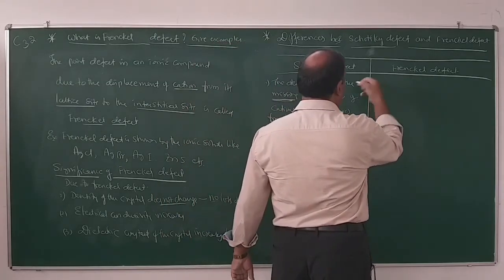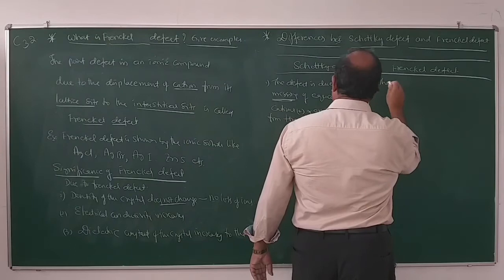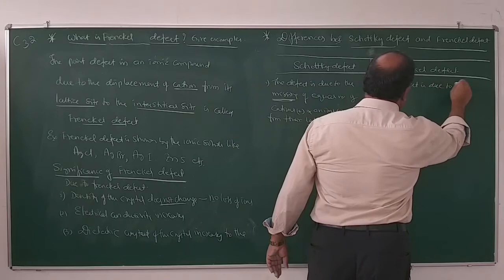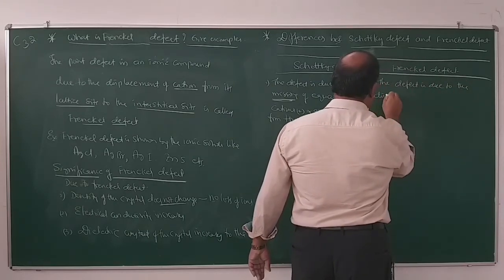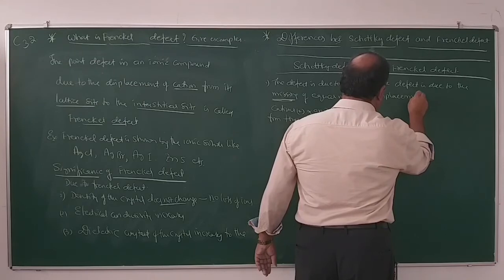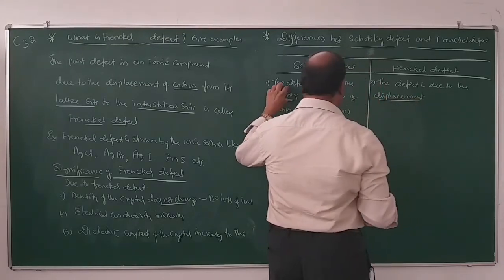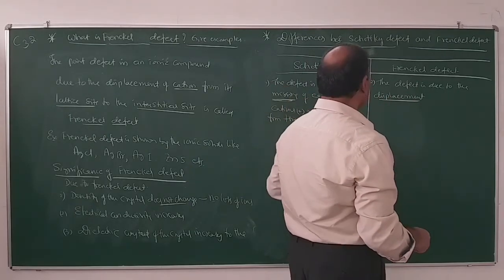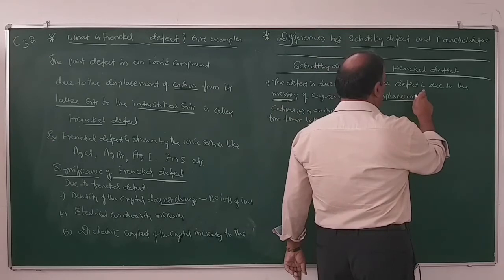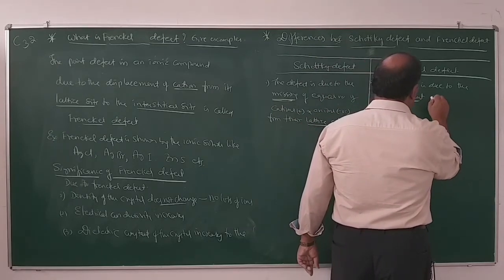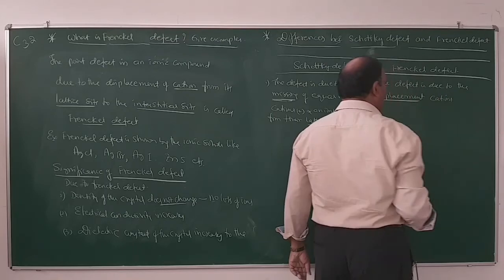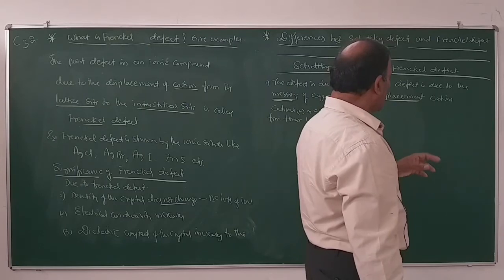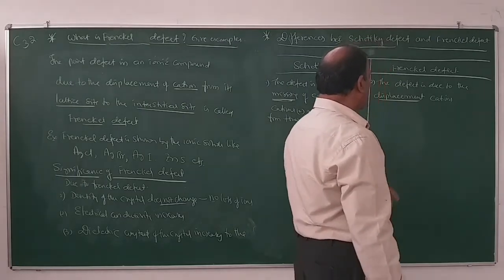So what is Frenkel defect? The defect is due to the displacement. Here it is displacement from one place to another place, whereas there it is missing, the absence of ions. Frenkel defect is due to the displacement of cations. Why only cations will be displaced? Because cations are very small in size, they will be easily displaced from one place to another place.